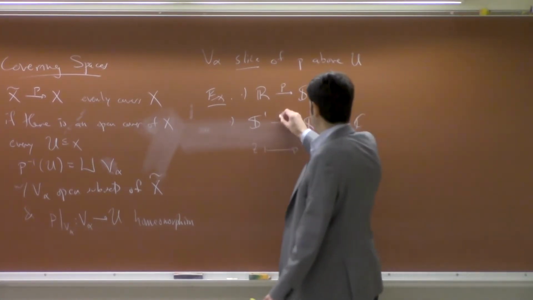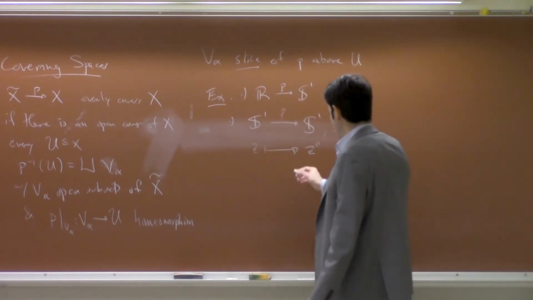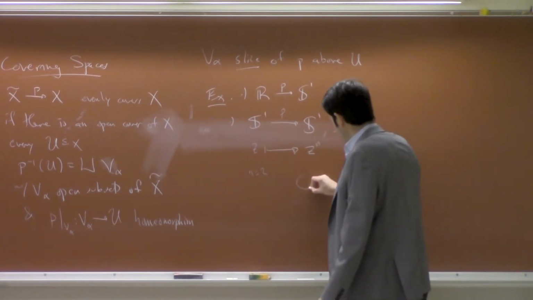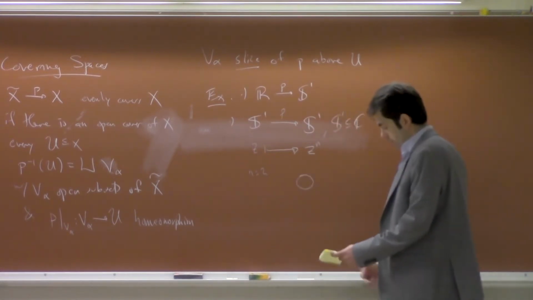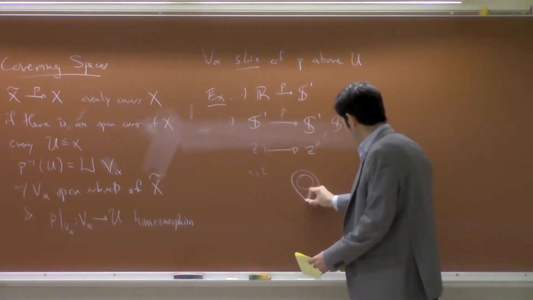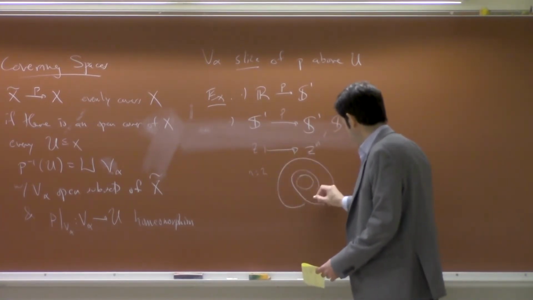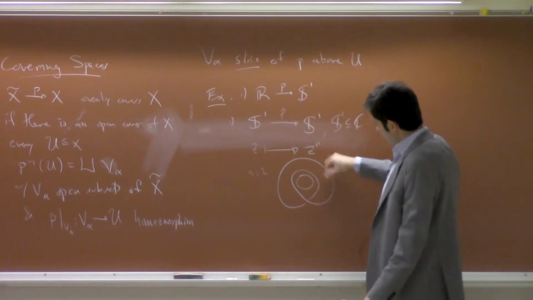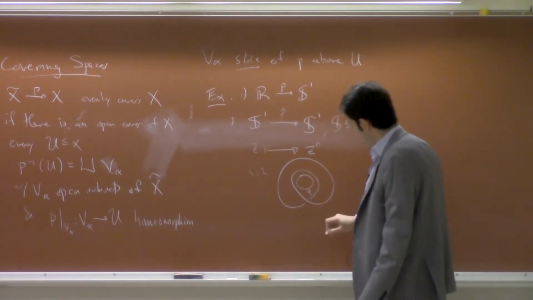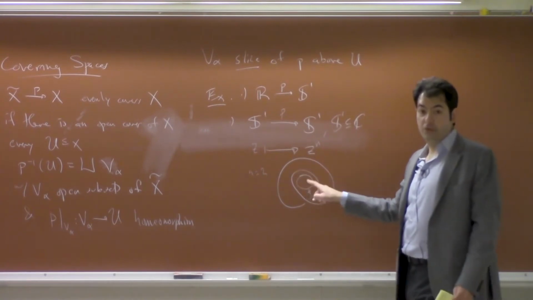All right. So to visualize this, let's say that n is equal to 2. Then if here is the circle you're over, then viewing it from above, you might have something that looks like this. So this circle sits above it twice, and you have a projection down to this other one.